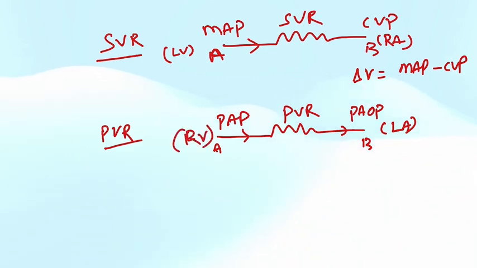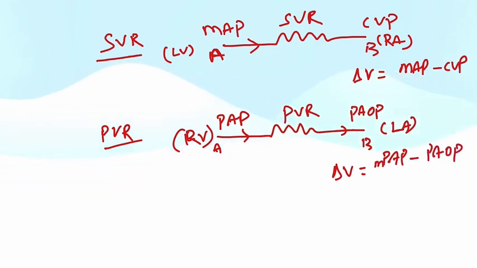So here the potential difference is mean PA pressure minus pulmonary arterial occlusion pressure.